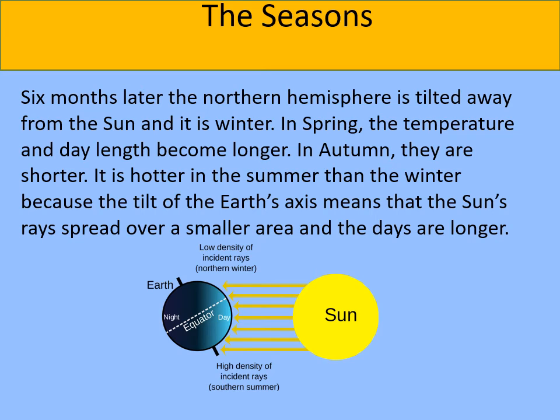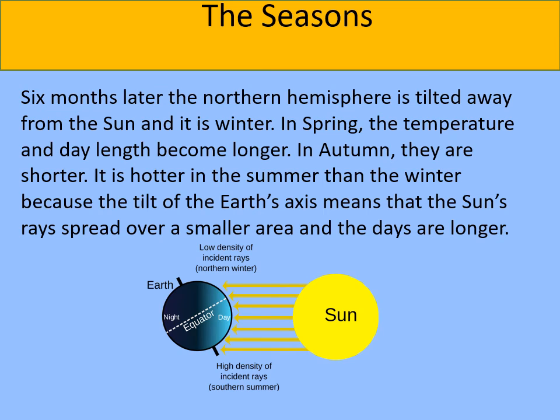We can see from this diagram that the sun's rays striking the northern hemisphere are striking it at a very shallow angle, and so the area across which these rays are striking is spread out over a much wider area, and so the weather is a lot colder, and also the days are shorter.